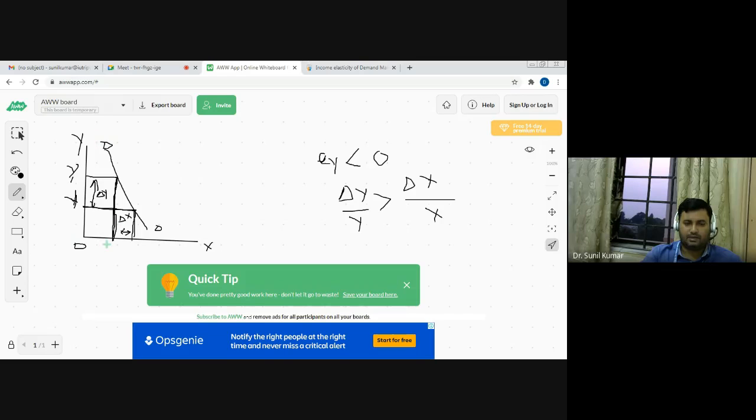This is known as X1 and X, so this is the quantity demanded. This is the income of the consumer, and this happens because these are inferior goods.